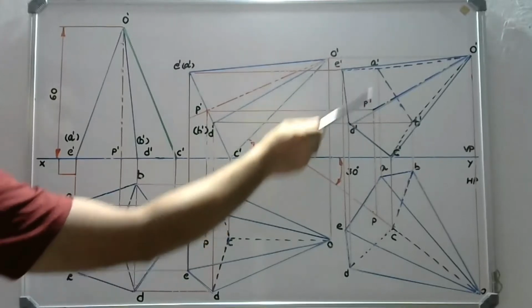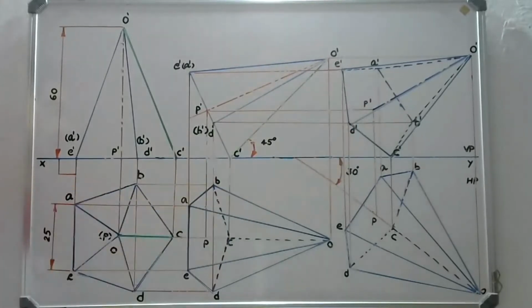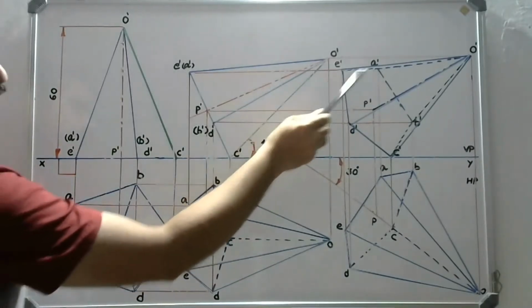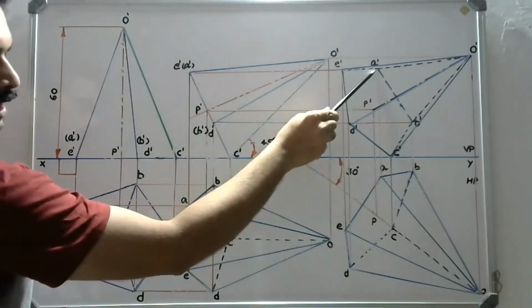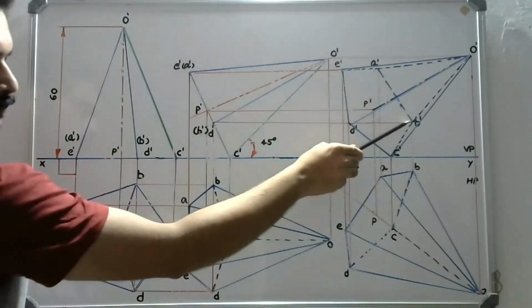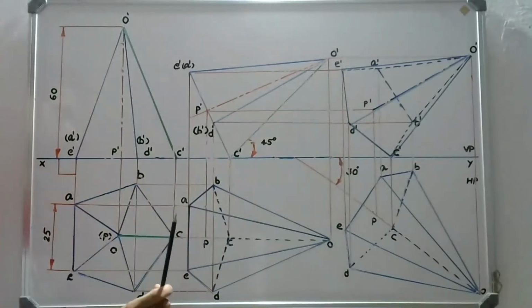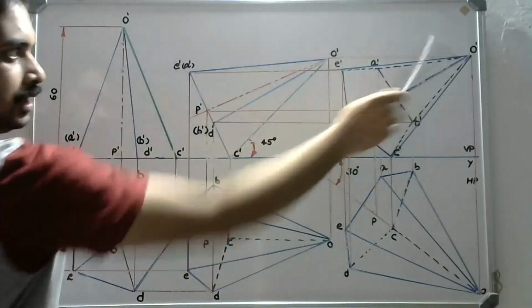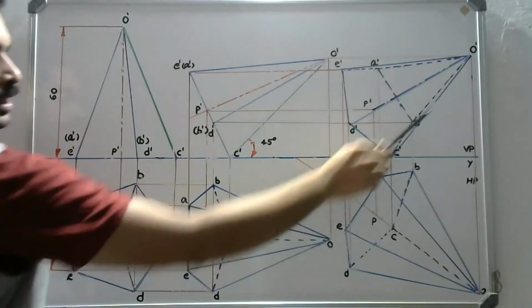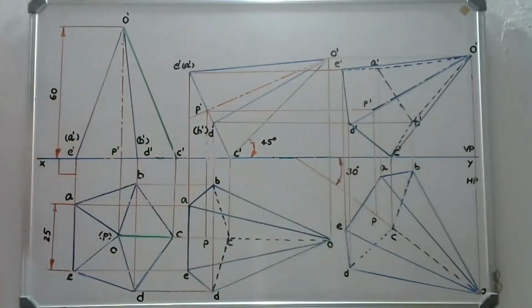In that case, A dash, B dash base corners are completely invisible in the front view. So the base edges E dash, A dash invisible, A dash, B dash invisible, B dash, C dash invisible. Slant edges A dash, O dash invisible, B dash, O dash invisible.